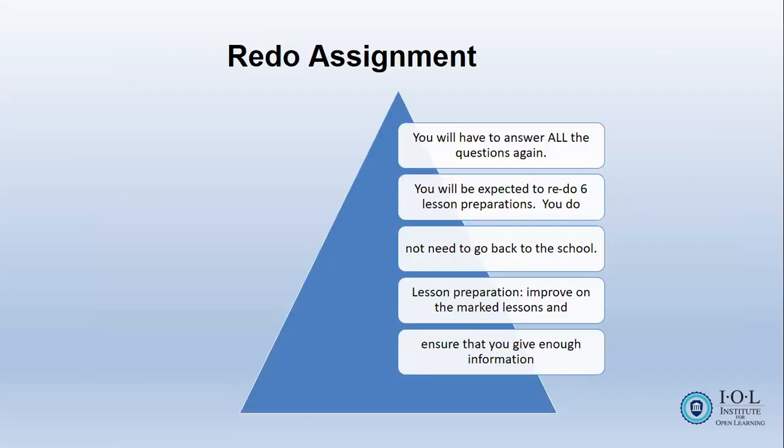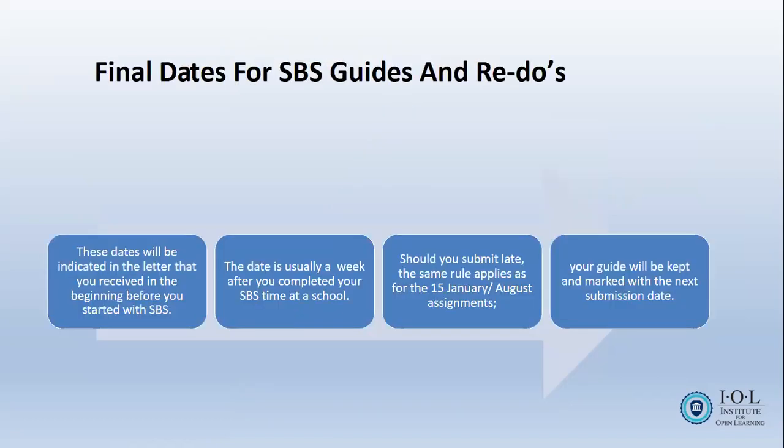Then redo assignments. This is for the ones that you have submitted electronically. You will have to answer all the questions again. For the lessons, you redo 6 lessons, but for the assignment, you will have to redo the whole assignment. And then, of course, 60% is going to be the mark that you will receive. The final date for SPS and the redos will be communicated to you.